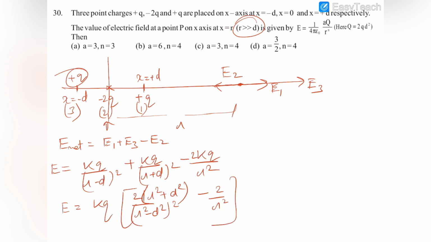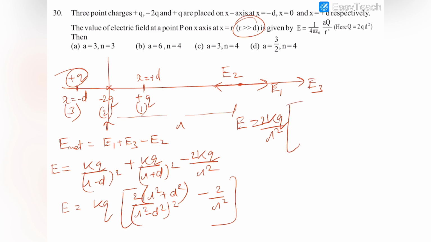Now you can take out this term R square common, and you can write it down as E is equal to 2KQ by R square, which I am taking common.